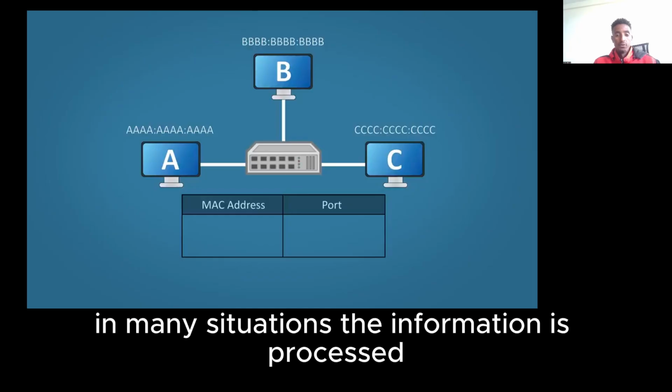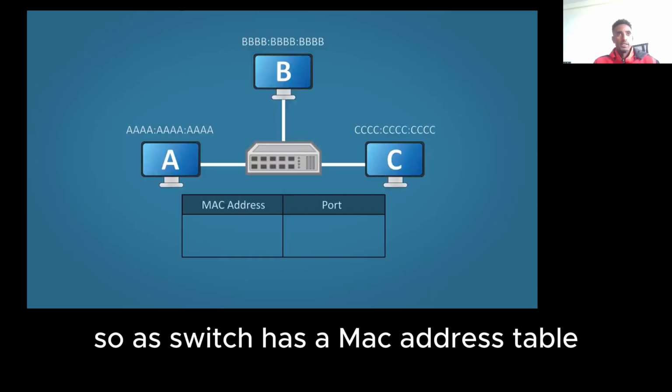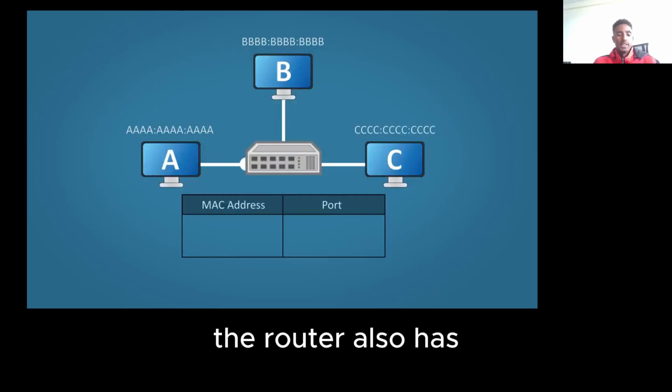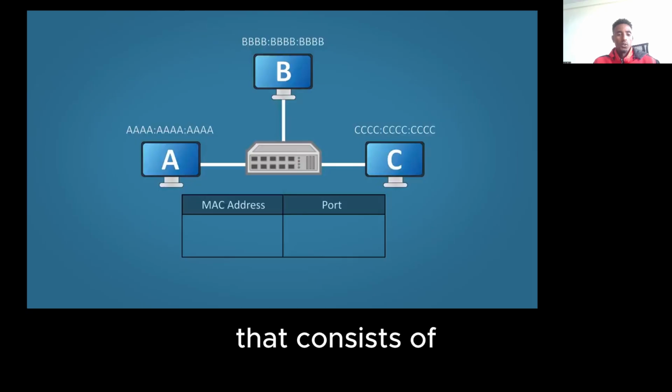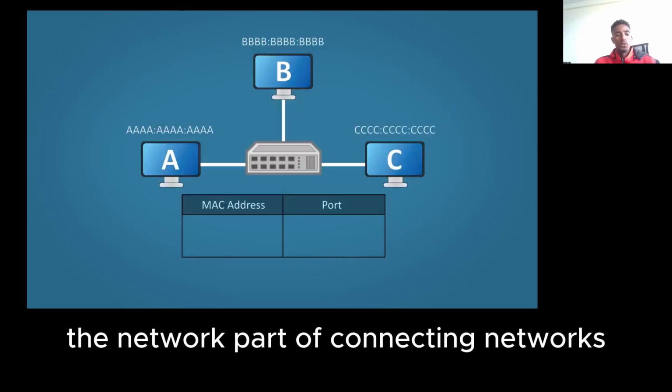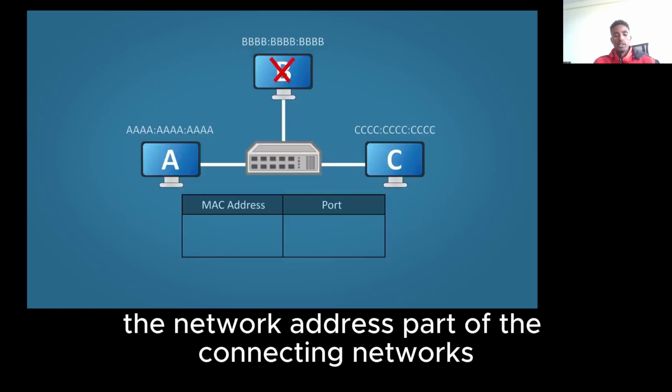In many situations, the information is processed in conjunction with the routing table. Just as a switch has a MAC address table, the router also has a routing table, or network address table, that consists of the network addresses of the connecting networks.